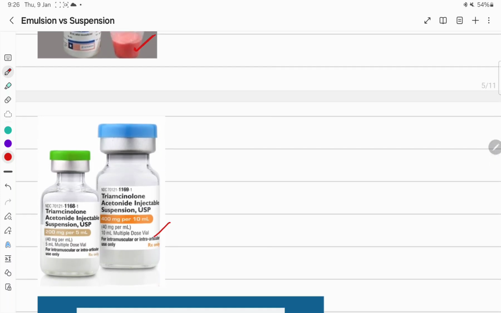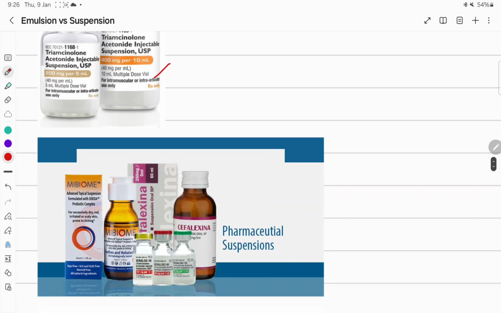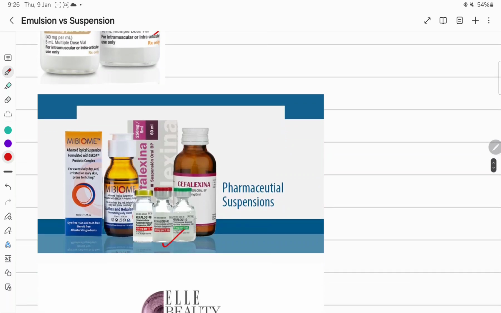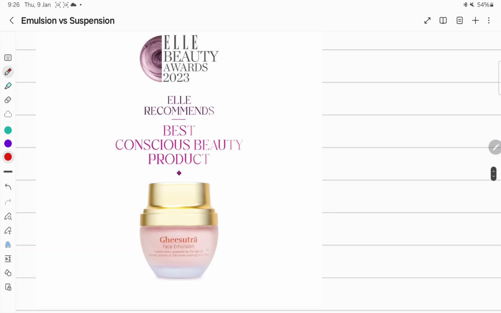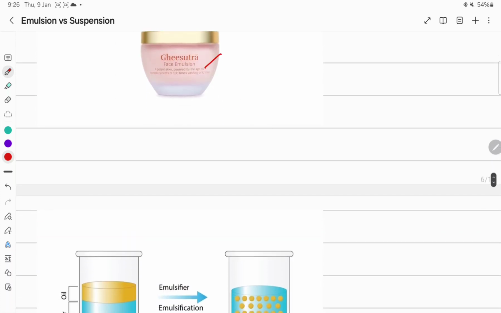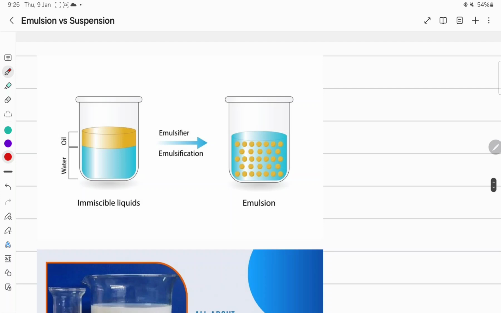So these are some of the suspensions, and these are some of the suspensions, and this is the face emulsion. And this is one example of oil in water emulsion, where you can see oil is dispersed inside the water.